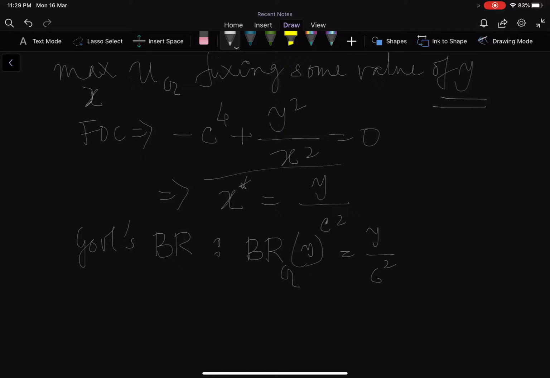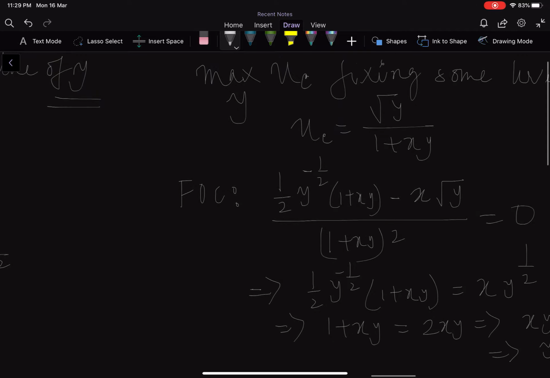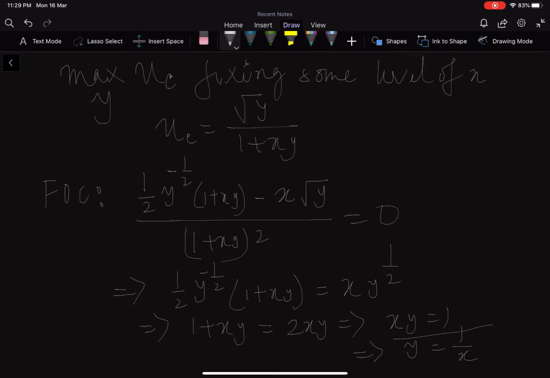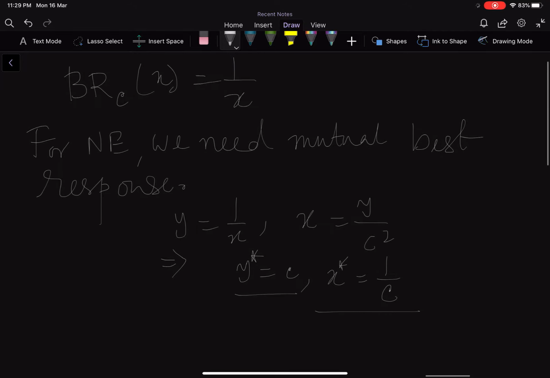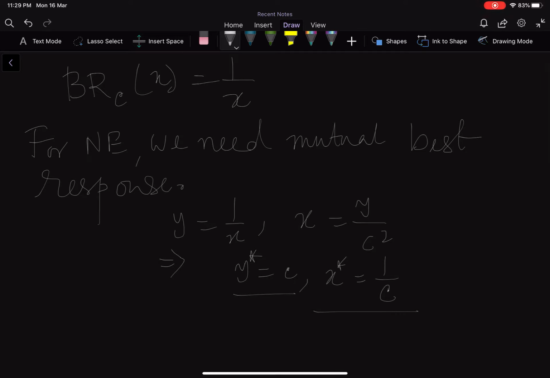This gives you the best response function for the government. A similar exercise gives you the best response function for the criminal, and for mutual best response you just solve the two equations and get the Nash equilibrium of this game.